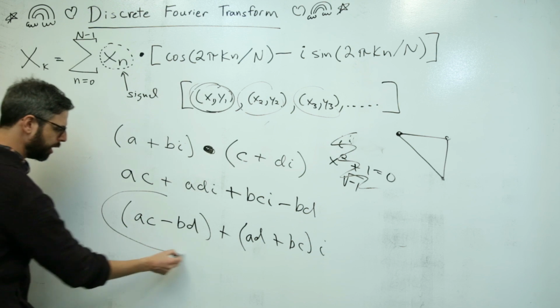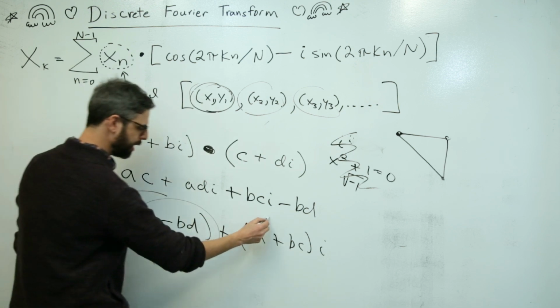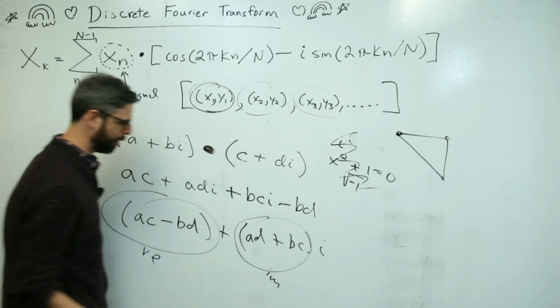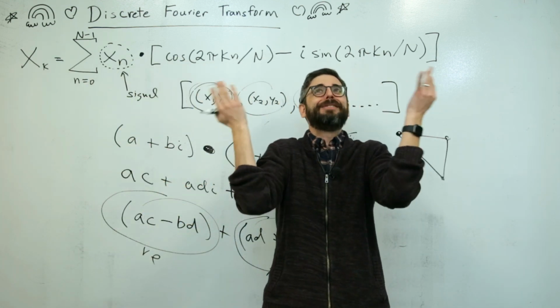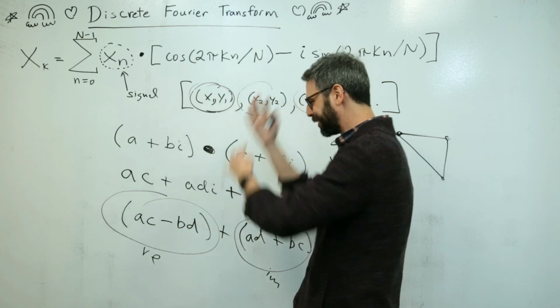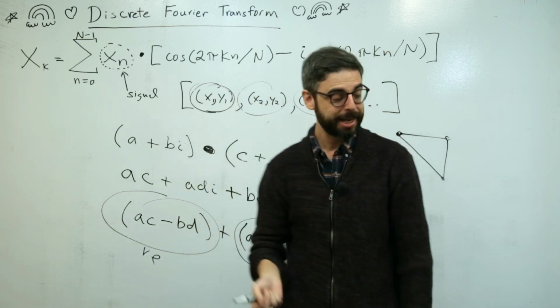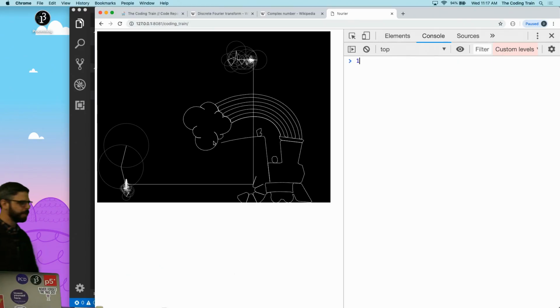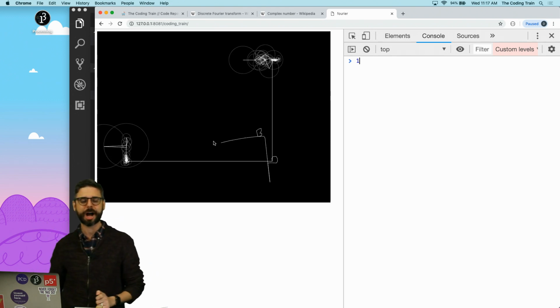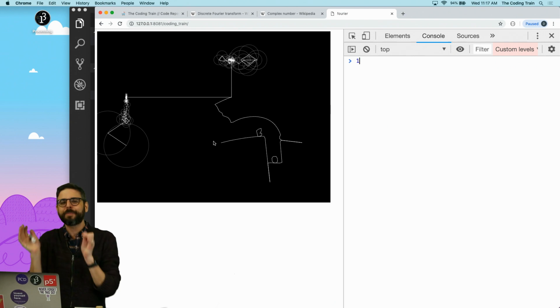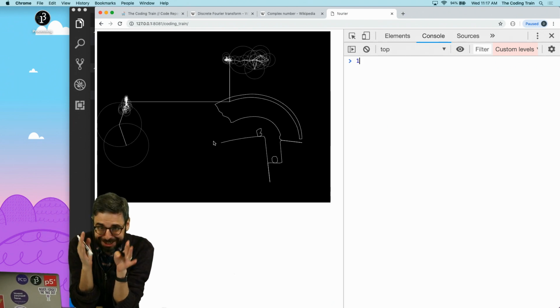So this is the real component, and this is the imaginary component. We have just done, I can't believe this, the Coding Train first, complex number mathematics. Now the truth of the matter is, I could spend many videos building out an entire complex number class, but I'm just going to stick to what we need, which is basically just the multiplication.